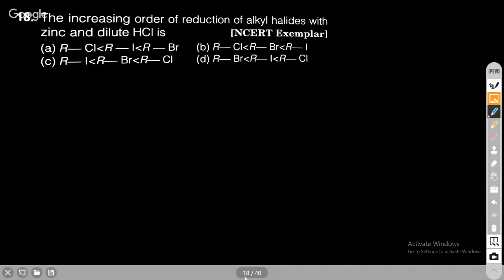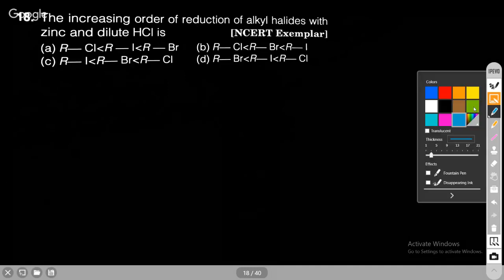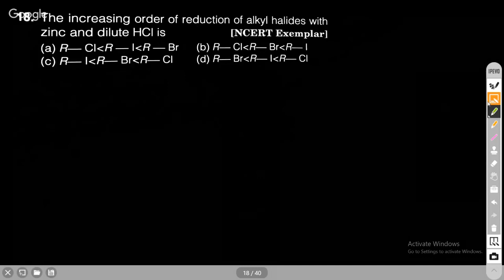What is the answer? See, the reactivity of alkyl halide is inversely proportional to carbon halogen bond strength.